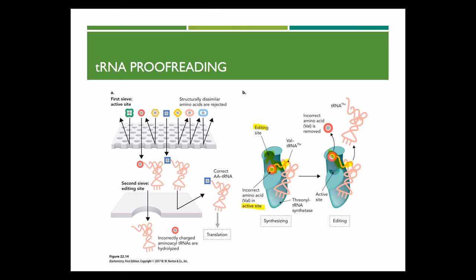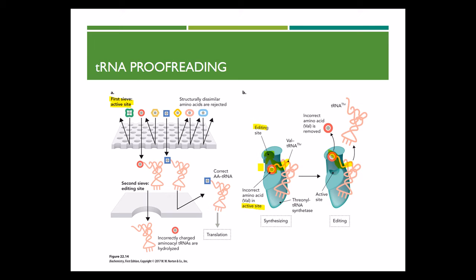Overall, proofreading can be thought of as a double sieve. In the first case, we are going to discriminate based on size and maybe polarity. So the amino acids that don't have the correct size or polarity won't even make it into the active site where the attachment to the transfer RNA can occur.